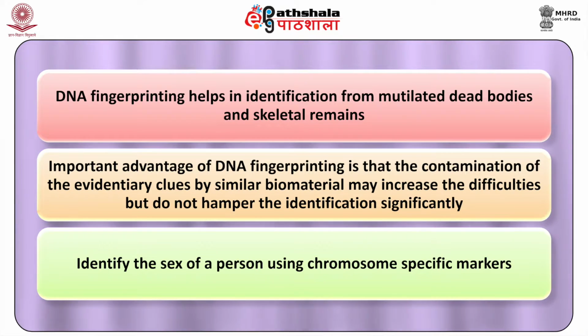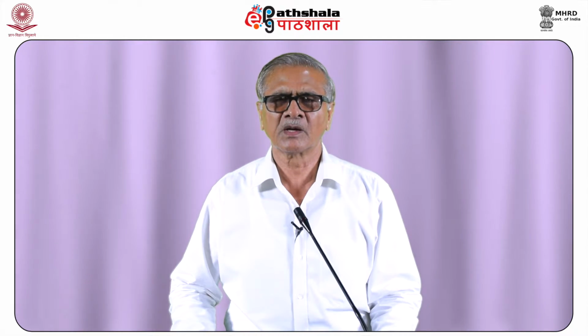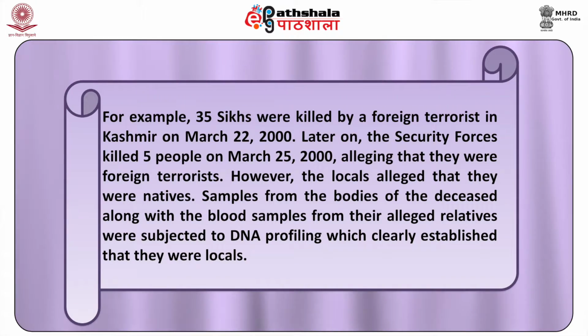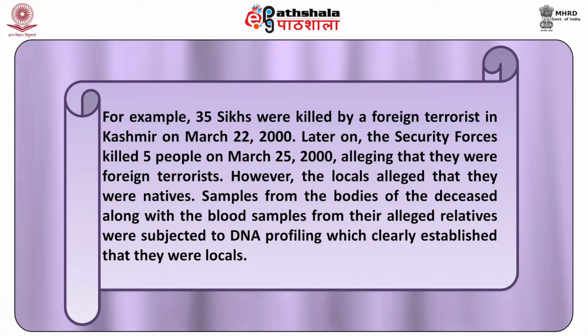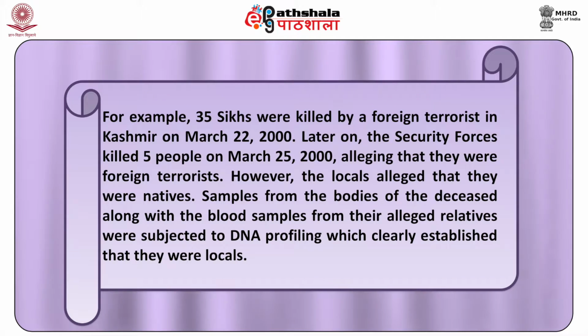It can be used to identify the sex of a person using chromosome-specific markers. DNA fingerprinting even helps to identify fake encounters. For example, in a case, 35 Sikhs were killed by foreign terrorists in Kashmir on March 22, 2000.